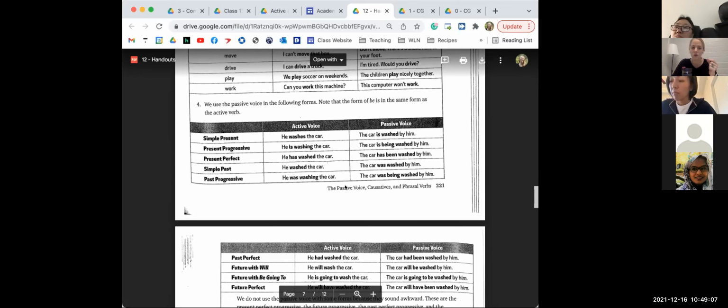We normally don't use the past progressive or present progressive with the be verb. We would just use the simple form. So was being sounds a little bit weird when we use it with the past participle to make the passive form of past progressive. The car was being washed by him.